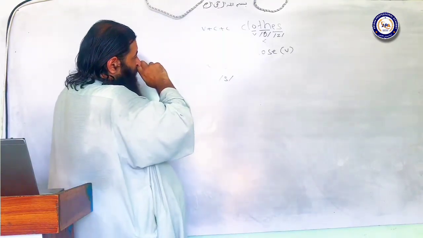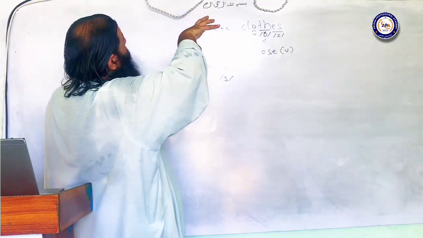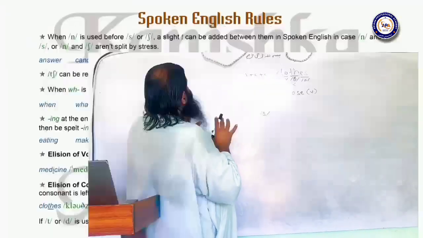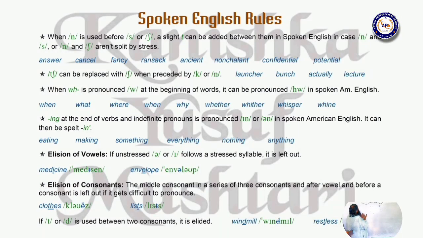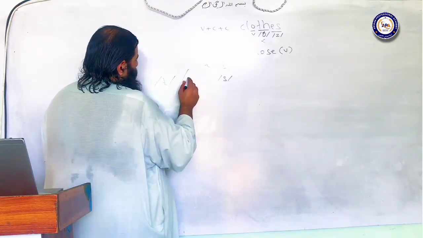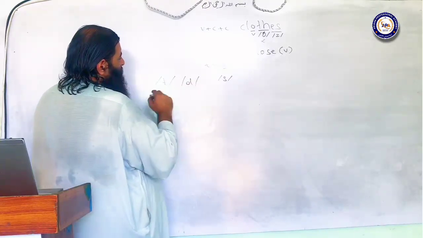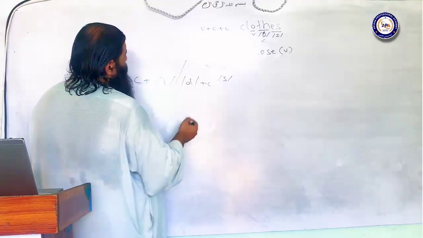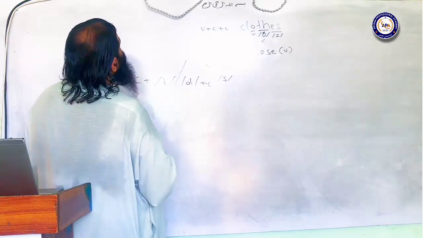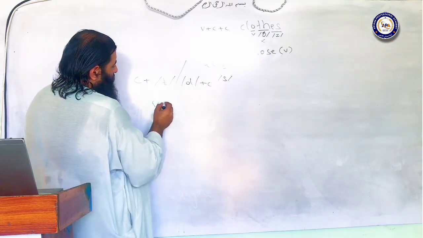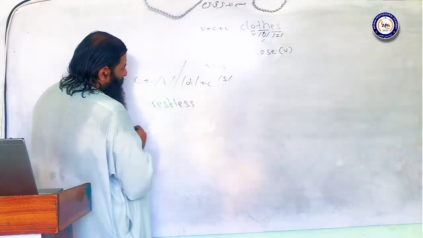Okay, that was the first rule for eliding consonants. The second rule is that if t or d is used between two consonants, it is elided. Whenever these two sounds appear with a consonant both before and after, we can simply make them silent. For example, for the t sound, restless.